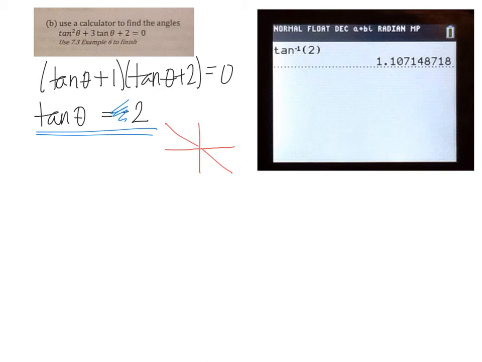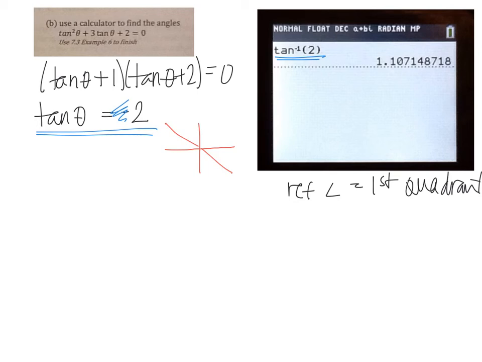So we are going to take an inverse tangent, but I'm going to ignore that negative because my reference angle, if you recall, is going to be a first quadrant angle that we use with the symmetry of the circle to find the rest of the solutions to the equation.